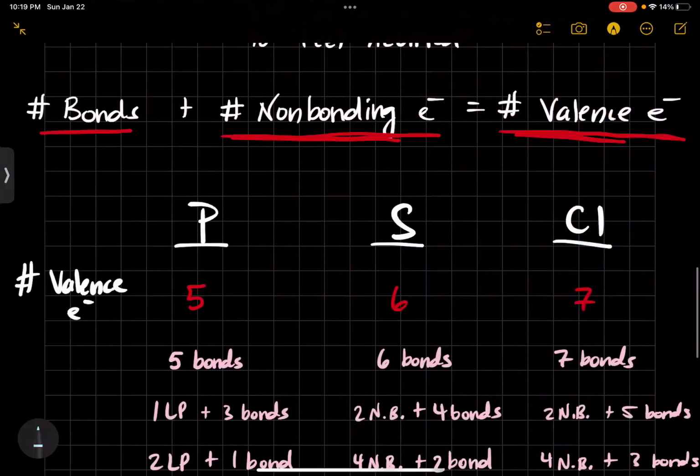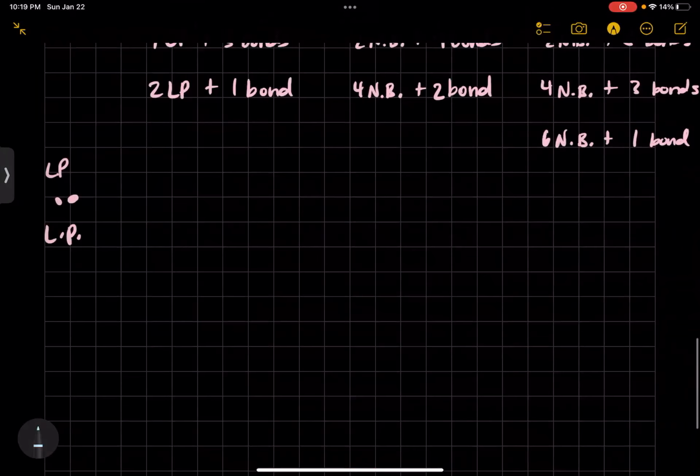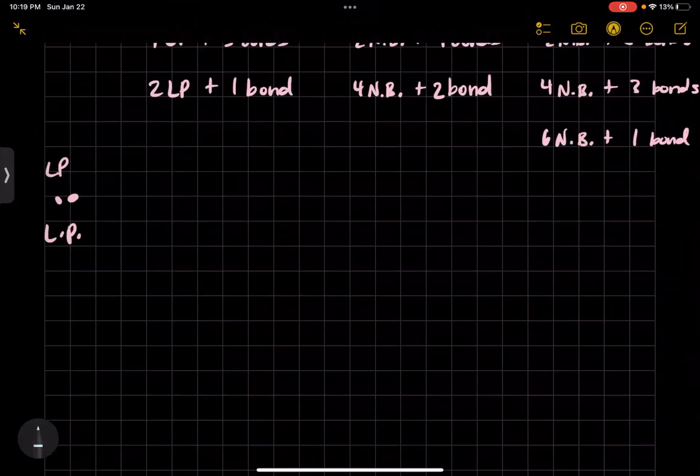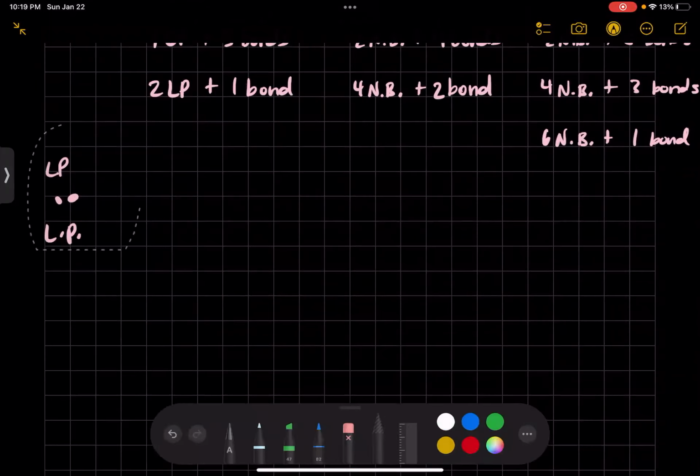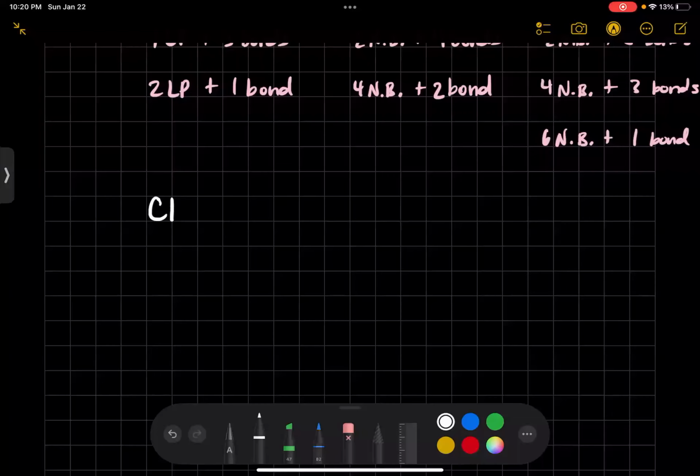Let's do one more, just standalone, starting from the very top. Let's do hypochlorite, which is ClO minus.